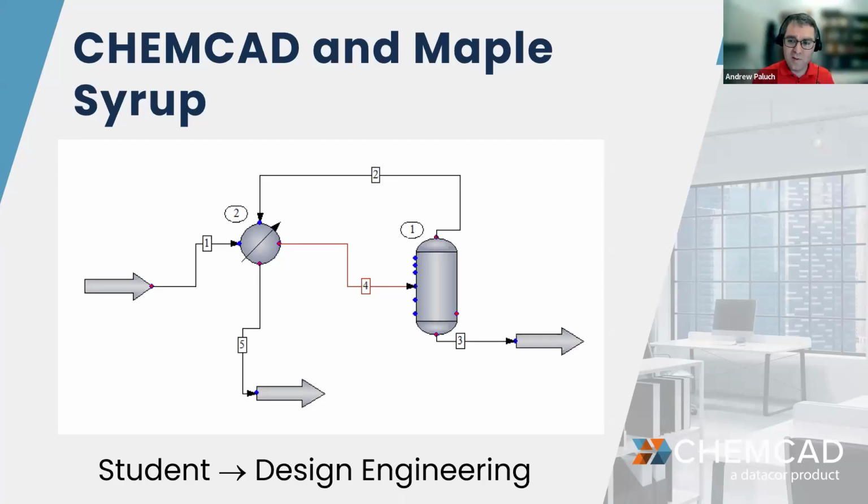And so, from this simple example, one of the appeals of CHEMCAD is it allows students to solve some complex problems, but really transforms students from the traditional sense to design engineers. We can allow them to think more creatively and solve some more realistic problems.